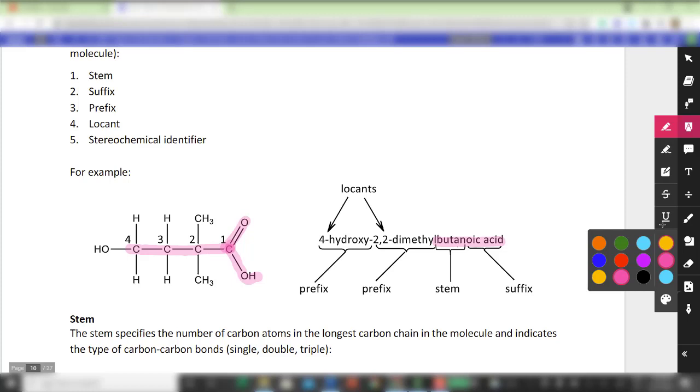Yeah, but because it has substituents, we need to learn how to name the substituent. Okay, so we name it by looking at their relative position. So in this case, there are 2 methyl groups at the second position. So we call it 2,2-dimethyl butanoic acid. Okay, but there is another substituent known as the hydroxyl, which is right at the end. Okay, you don't call this the alcohol if it's part of the substituent.